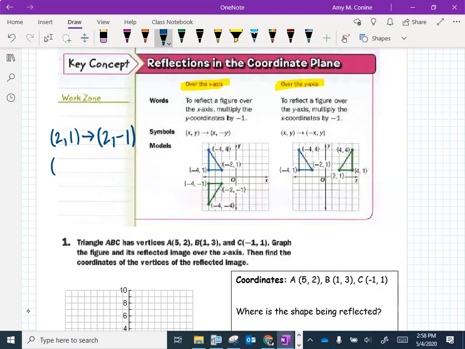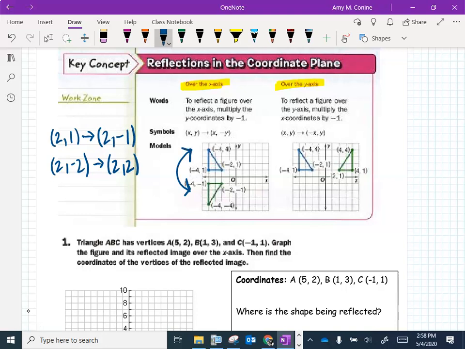If I start with 2, negative 2, then a reflection over your x-axis would mean this would become a positive 2.